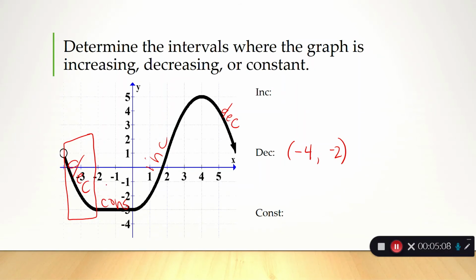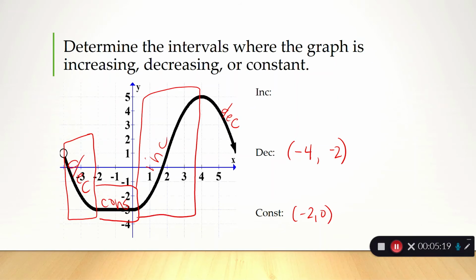So from -2 to 0 is where it's constant. And again, I stopped being constant at 0, so that's where I increase from 0 all the way to x equals 4. And finally, from x equals 4 onto the rest of the graph, so this is the positive infinity side of the graph because we're on the right side of the graph, is where I'm decreasing.